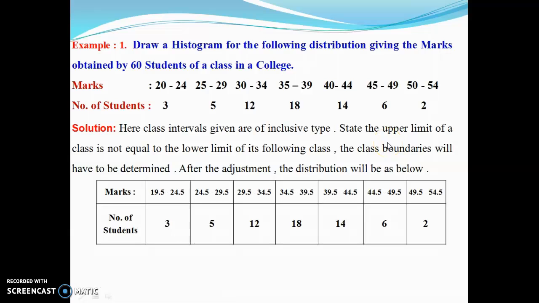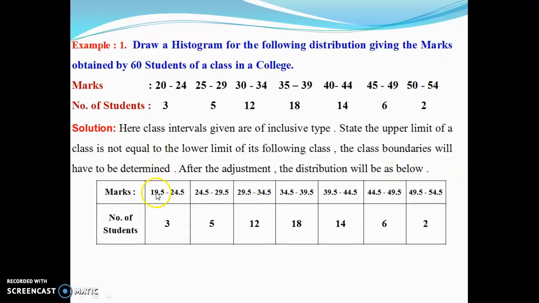Here the upper limit of a class interval is not equal to the lower limit of its following class, which means the data is not continuous. So the class boundaries will have to be determined. Then after adjustment, the distribution will be shown as in the given table.